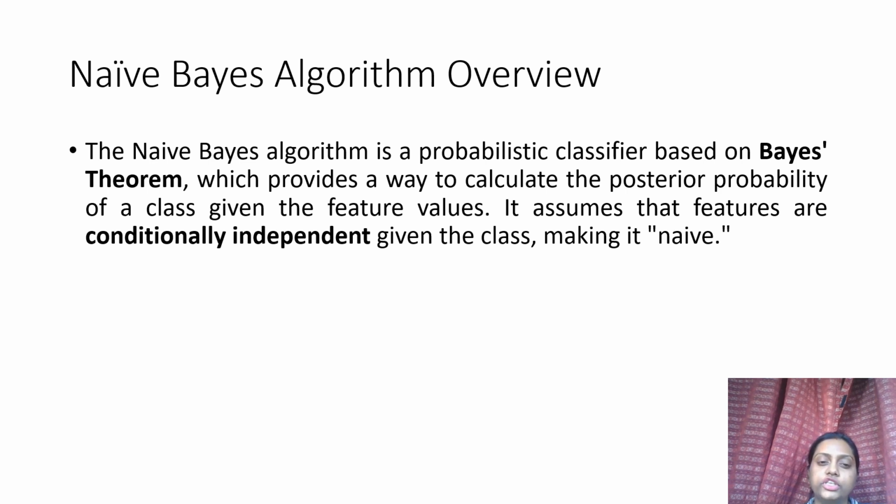It assumes that the features are conditionally independent given the class. That means if we have several features, we assume that there is no interdependency among the features. So the features are conditionally independent. This conditional independence makes the algorithm naive. That's why the name of the algorithm is naive Bayes.